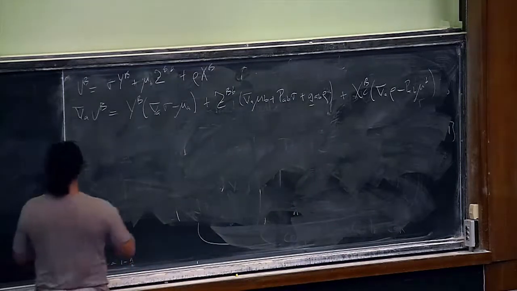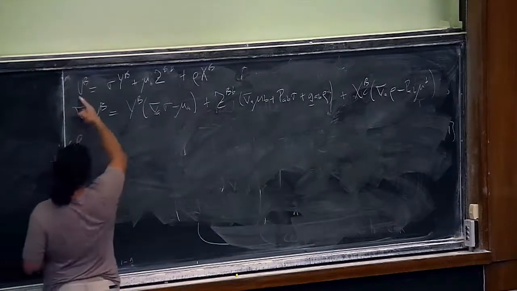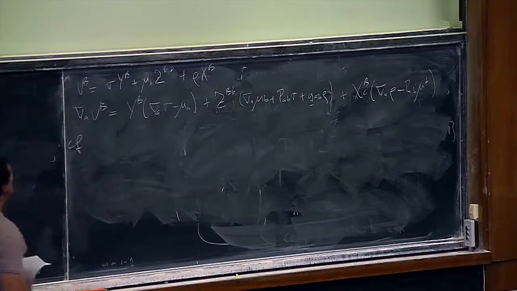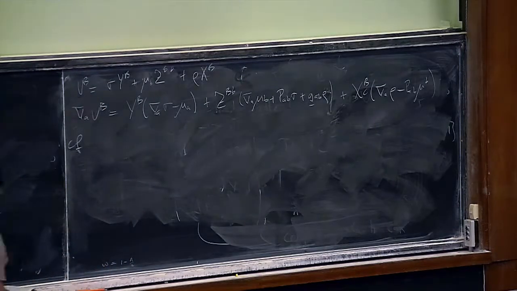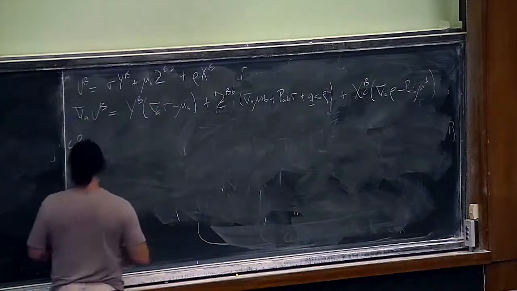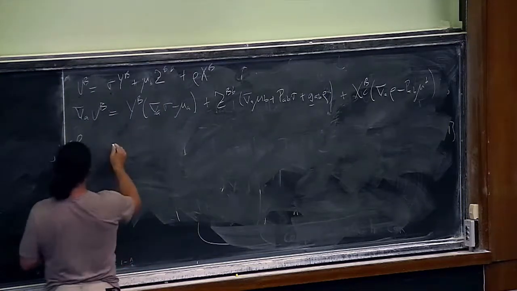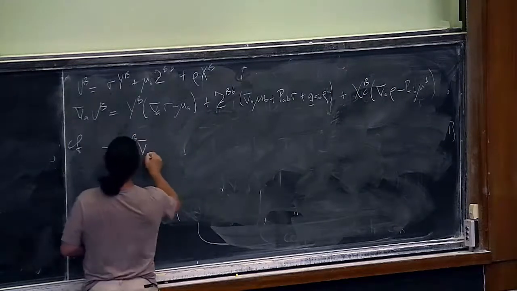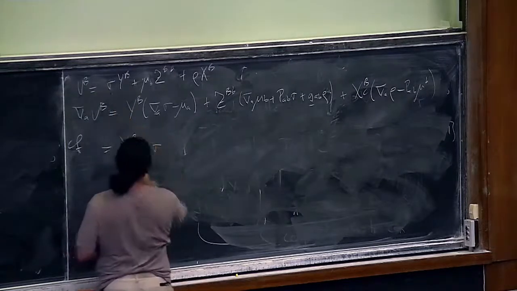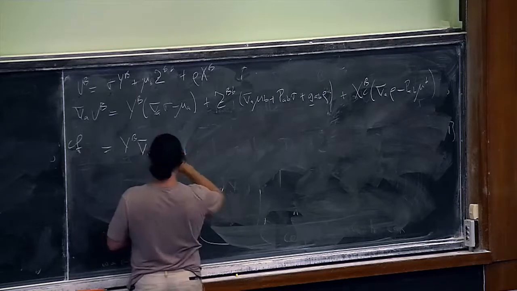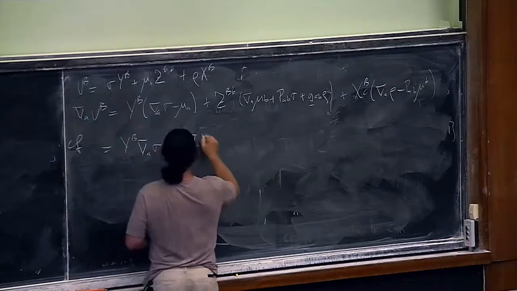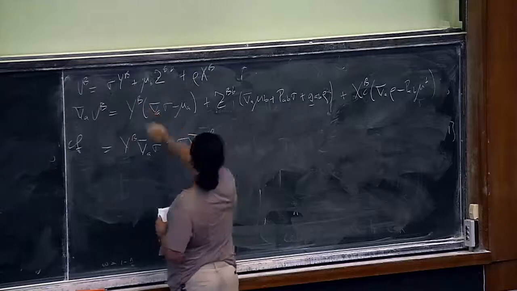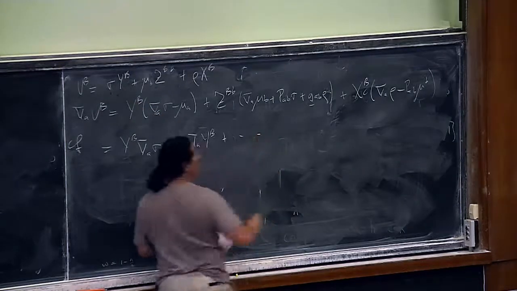On the other hand, I can also just differentiate this using the tractor connection and use the Leibniz rule, right? So we should compare this with Y B grad A sigma when the derivative hits the sigma, plus sigma grad A Y B when the derivative hits the Y, plus and so on.